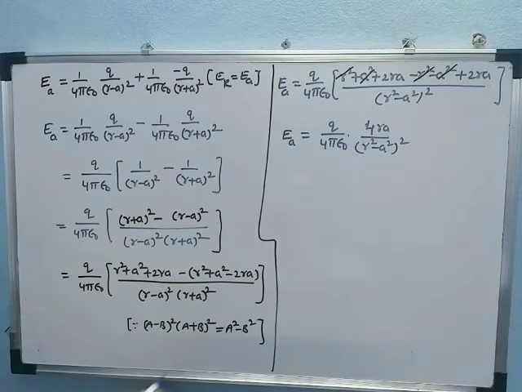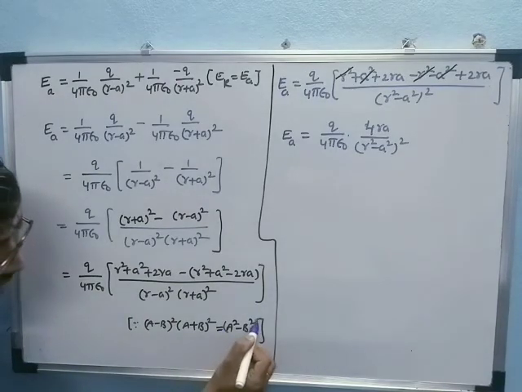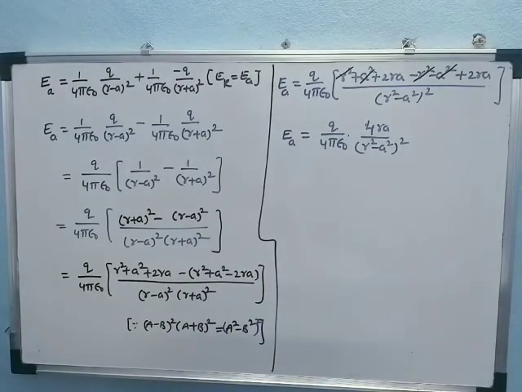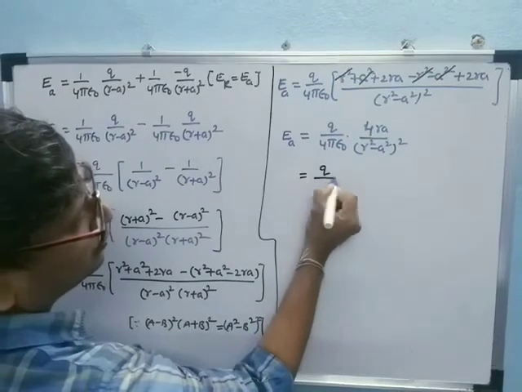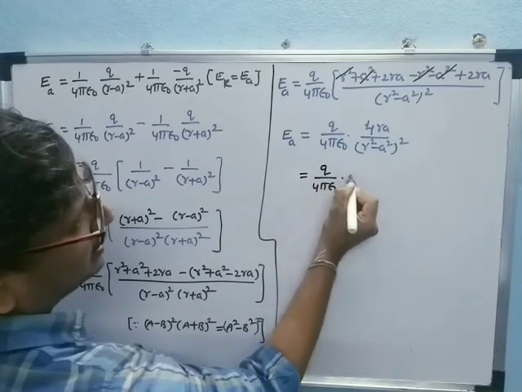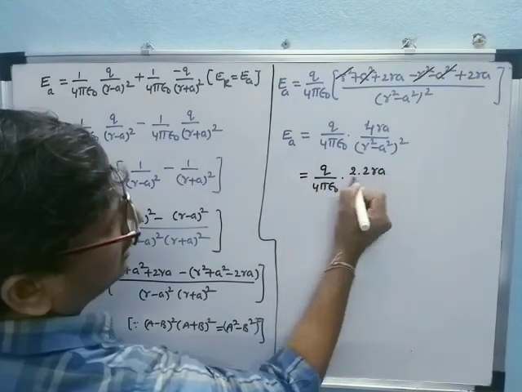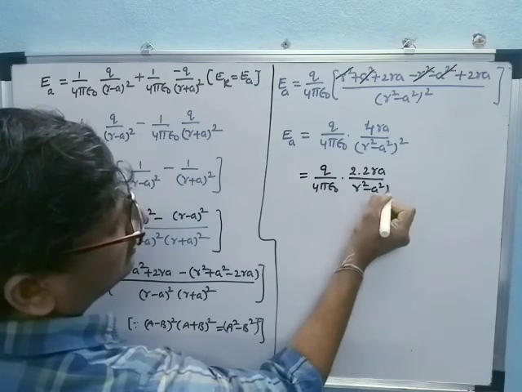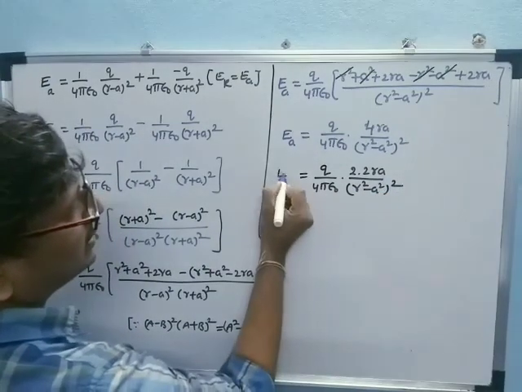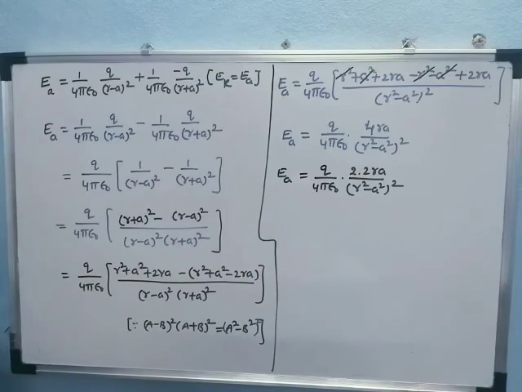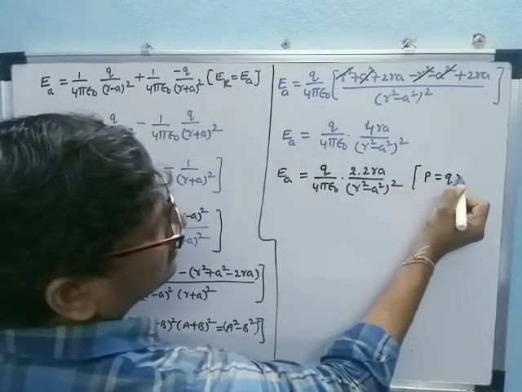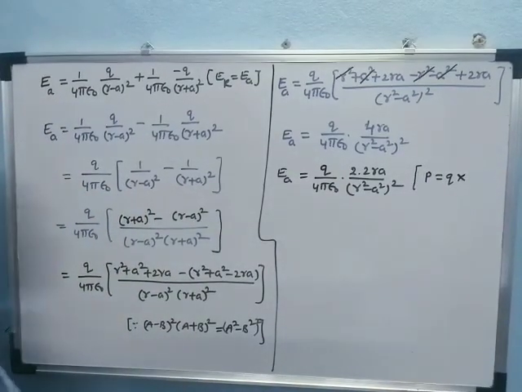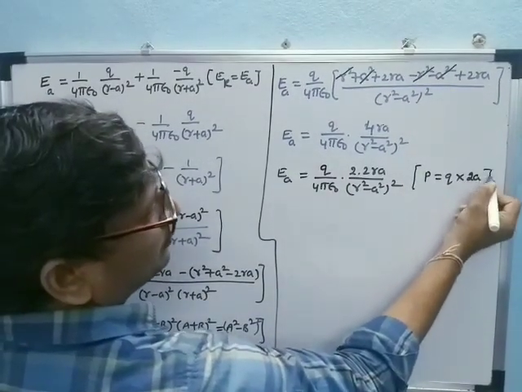So what you get is (R square minus A square) whole square. Then 4 we can write as 2 into 2, so Q by 4 pi epsilon naught into 2 into 2RA by (R square minus A square) whole square is equal to E_A. But we know that electric dipole moment P is equal to the charge magnitude into the distance of dipole, 2A.